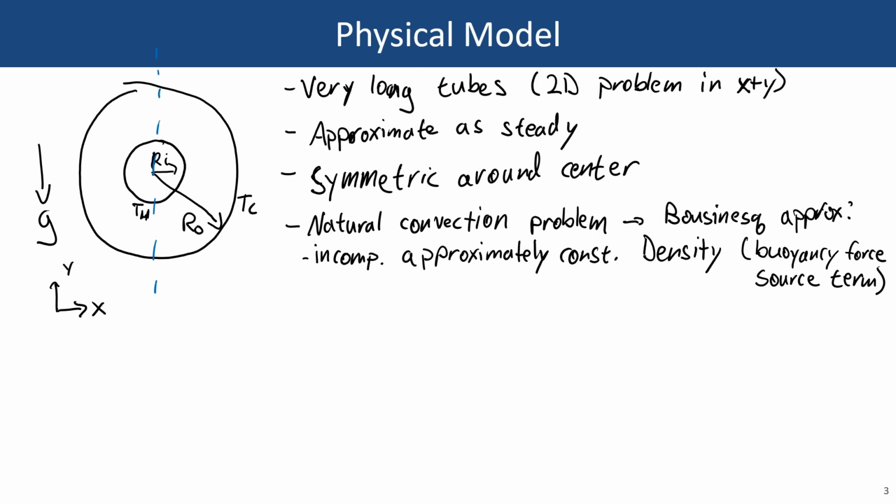But if you work out the Rayleigh number for this flow, based on the definition in the textbook for this particular flow arrangement, it's going to be on the order of 4 times 10 to the 5th. That's high enough that you would expect natural convection flow in a gap, but not so high that you would expect turbulence. So this is probably going to be a laminar flow.